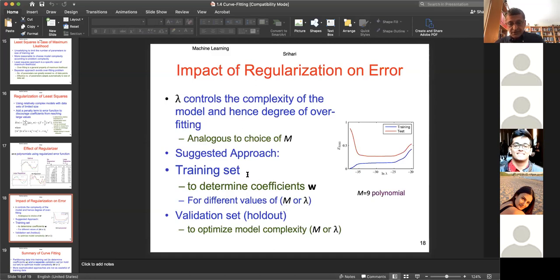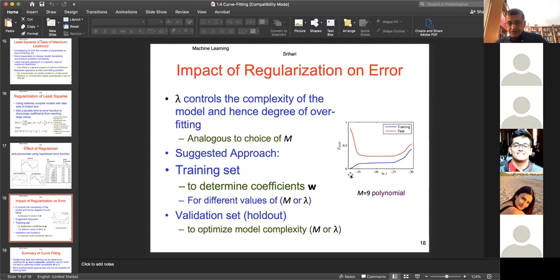So they're showing here how you figure out what should be the value of lambda. One way to do it is to run through different values of lambda. They're going with log lambda, from minus 35 to minus 20. And they're computing the ERMS over here.